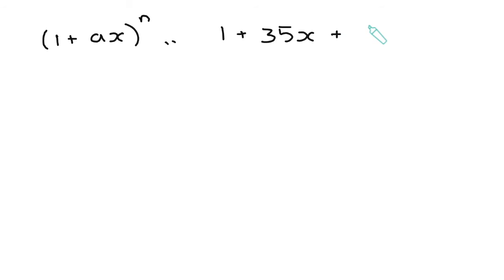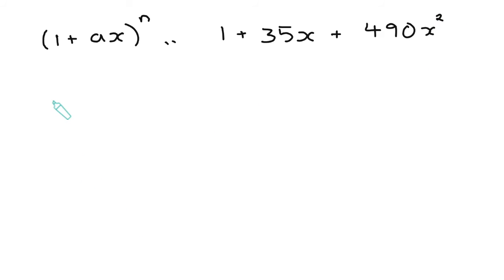You're told that the first 3 terms in the expansion of (1 + ax)^n are 1 + 35x + 490x squared.